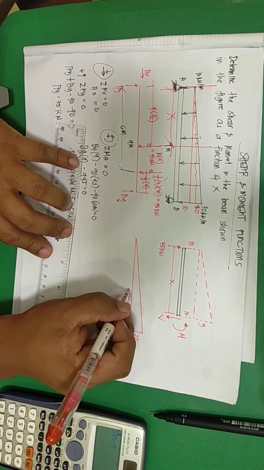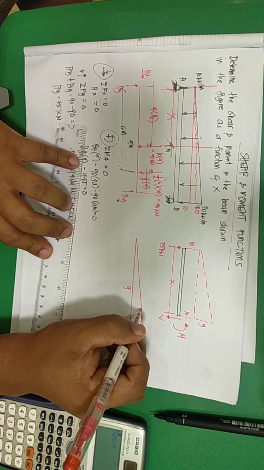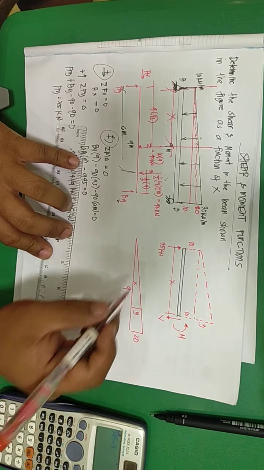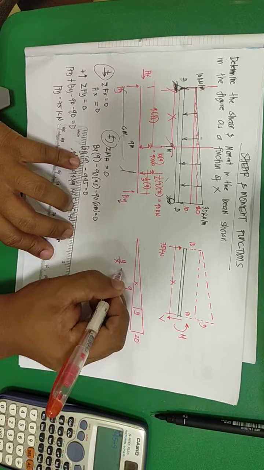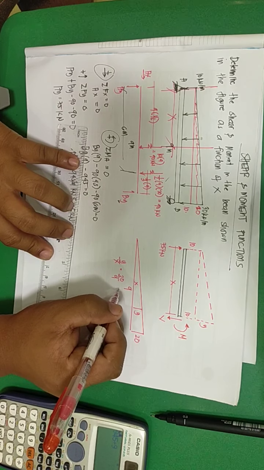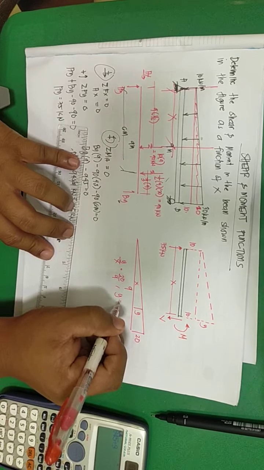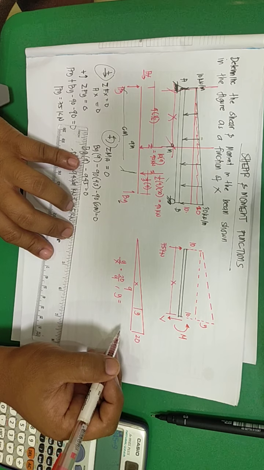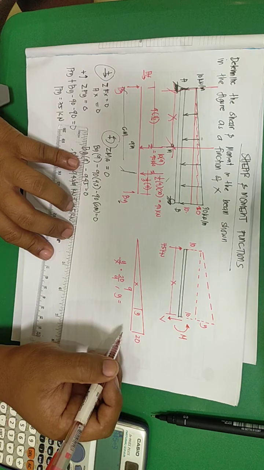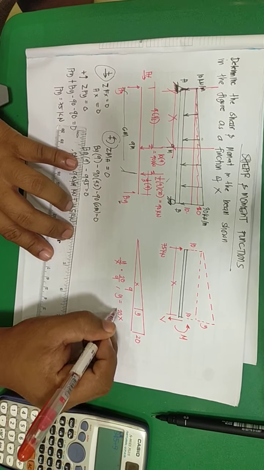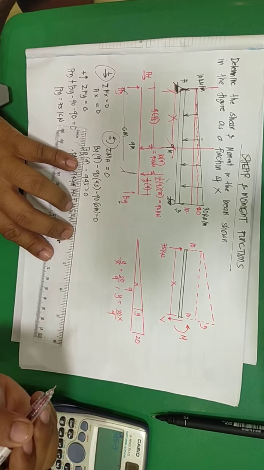To determine the value of y, we can use the original figure. This is y and this is x, so y over x is equal to 20 over 9. So y is equal to 20x over 9.